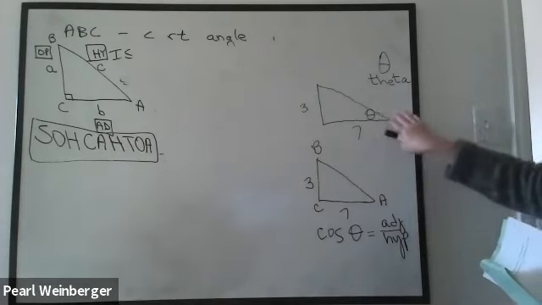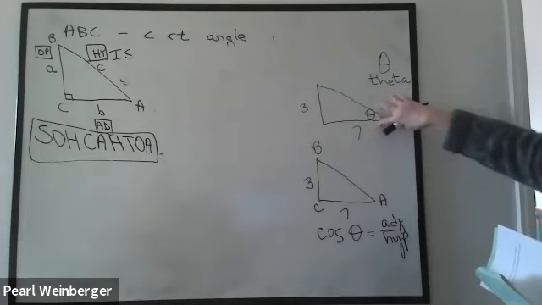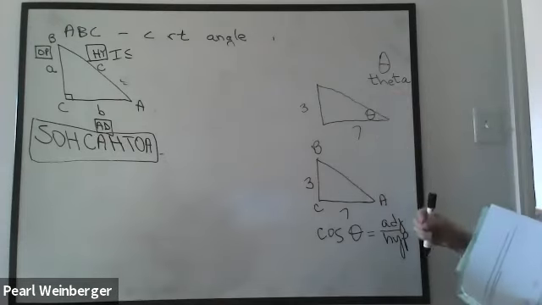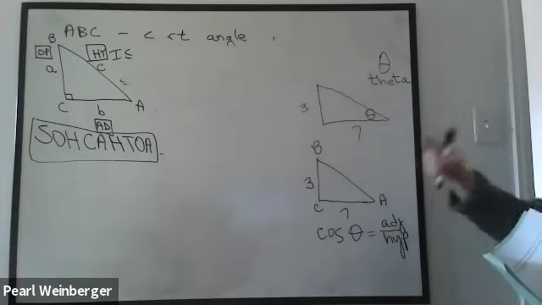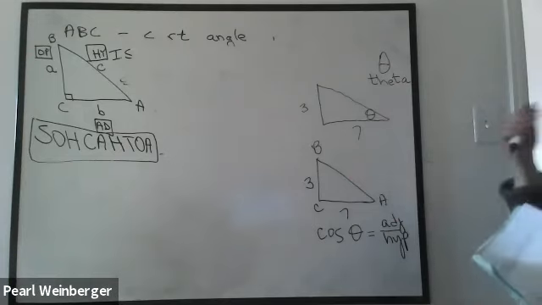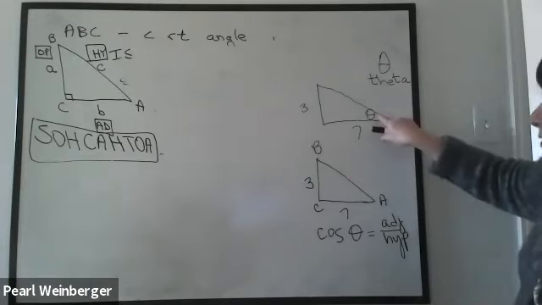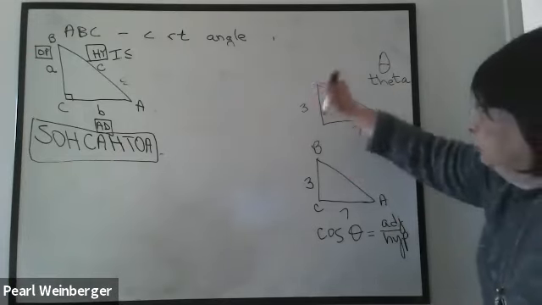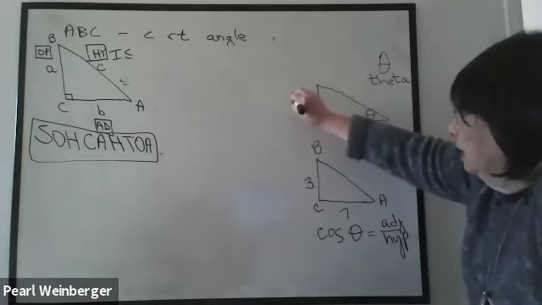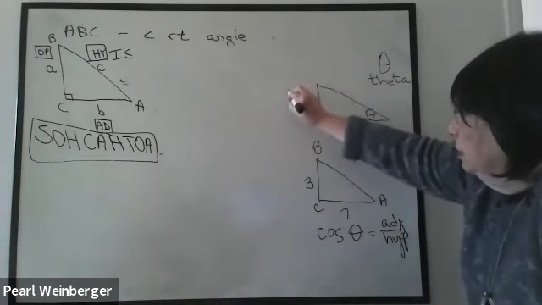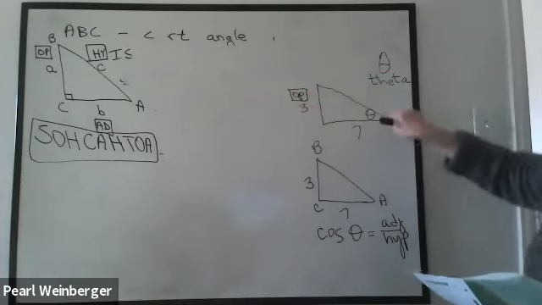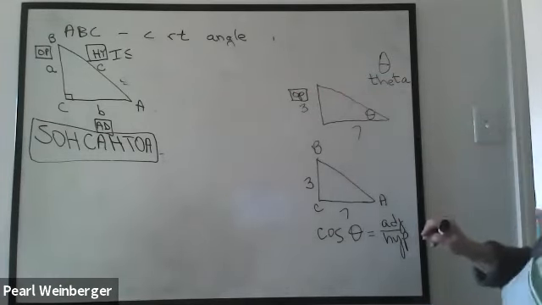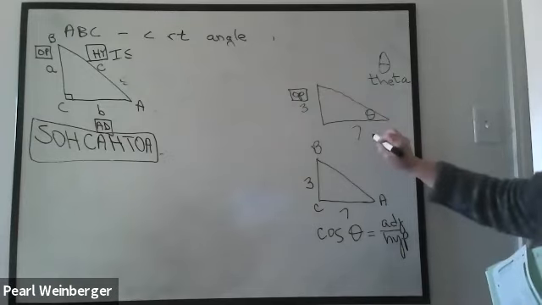So I go to my triangle and label the sides according to angle theta, which is the opposite, which is the adjacent, and which is the hypotenuse. Now, if this is angle theta, the one that's straight across from it is the opposite side. The side that's attached to it, that's not the slanting one, that's not the hypotenuse, this is the adjacent.